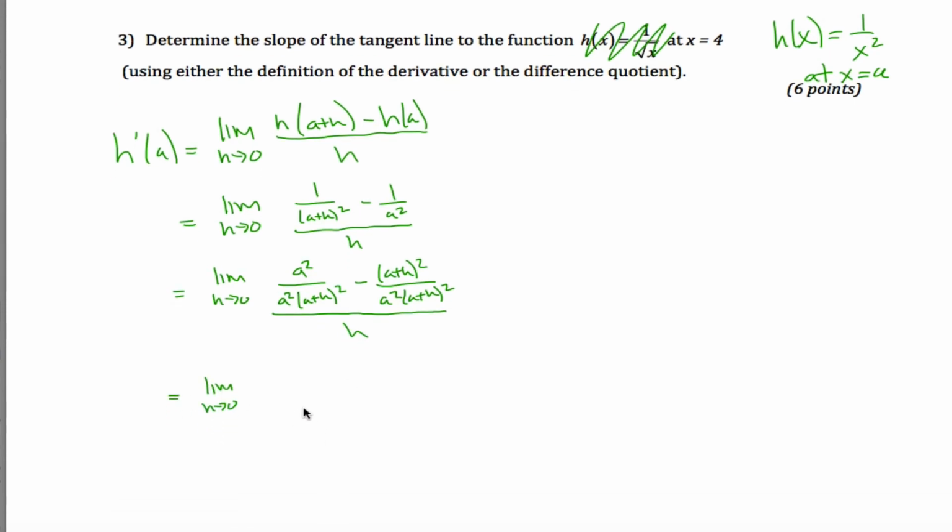Might look impossible, but it's actually not that bad because now I have this common denominator of a squared times a plus h squared. And above that I have this a squared, and then from that I want to subtract a squared plus 2ah plus h squared, which is the same as a plus h squared.